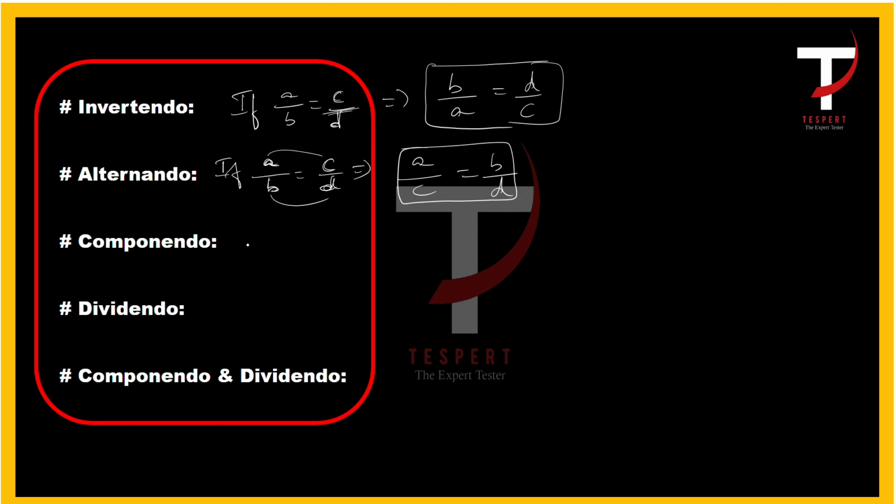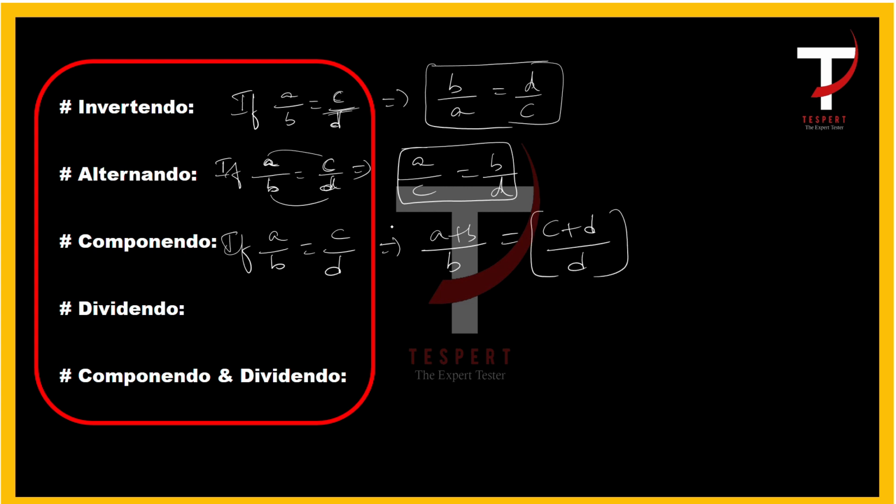What is meant by componendo? If a by b is equal to c by d, then a plus b by b is equal to c plus d by d, right? What is dividendo?